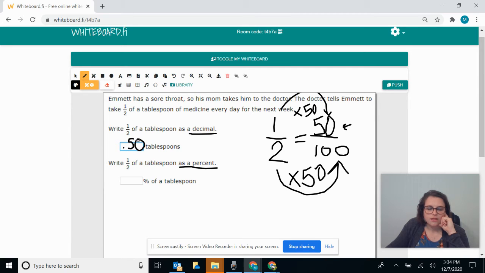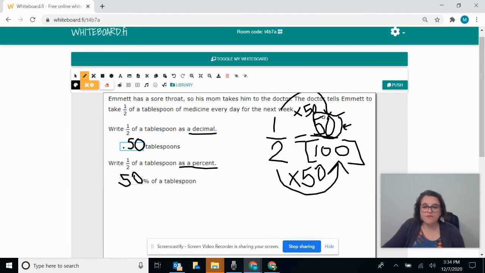Then to make a percent, again, if my denominator is 100, my percent is going to be the same number that's written on top, 50%. So 1 out of 2, or 50 out of 100, would become 0.50 or 50%.